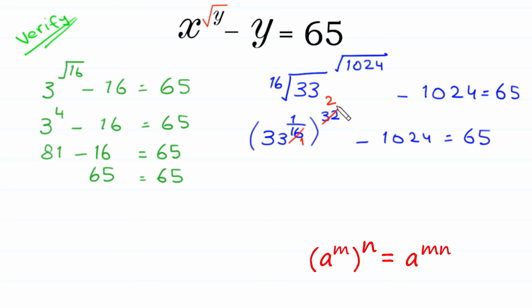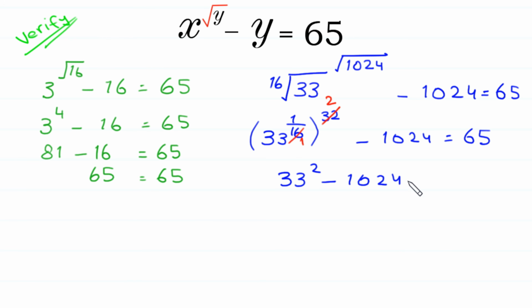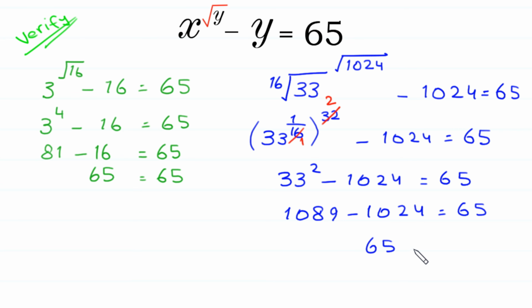So here we have left 33 square minus 1024 is equal to 65, and 33 square is 1089 minus 1024 is equal to 65, and 1089 minus 1024 is 65, equal to 65.